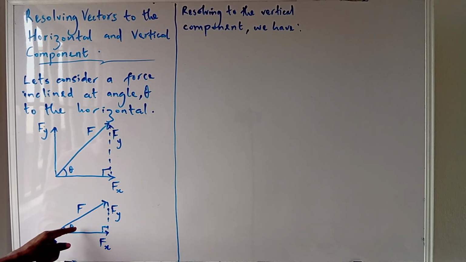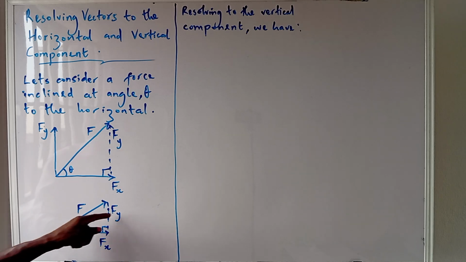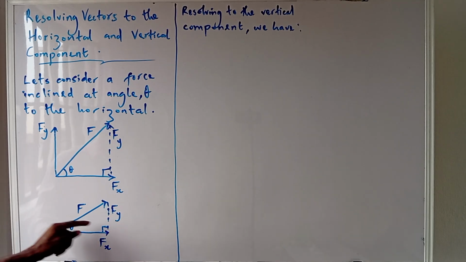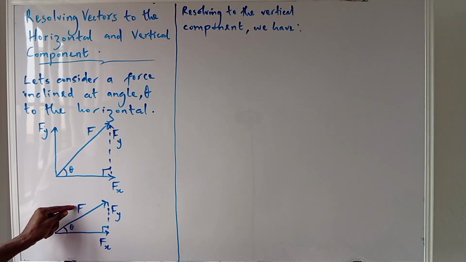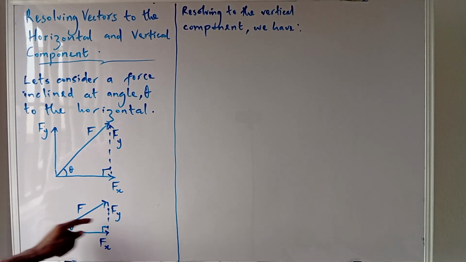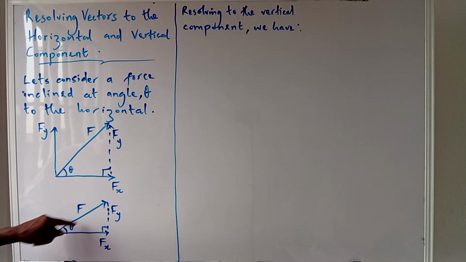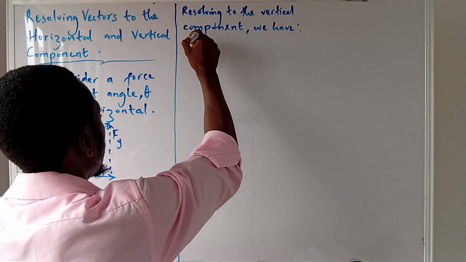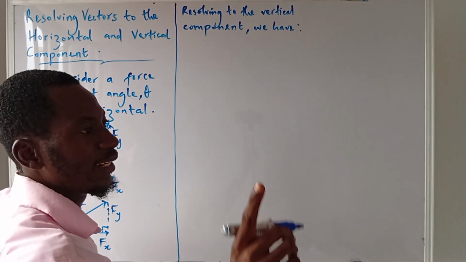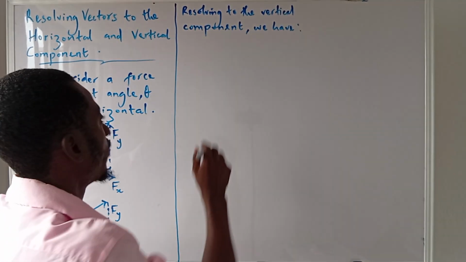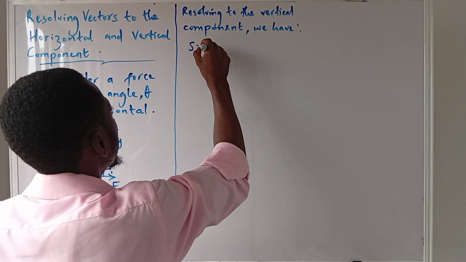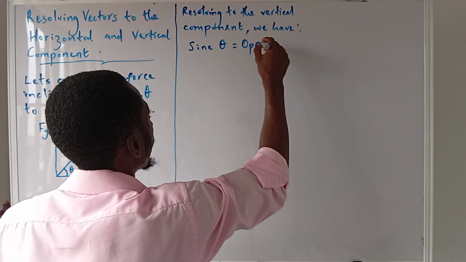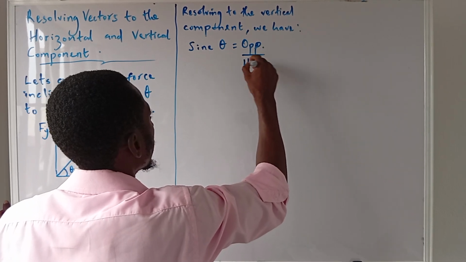We have our force, we have our angle, and we have the vertical component. From this triangle, the opposite to the angle is Fy, which is what we are looking for, and we have F, which is the force given. So we can say opposite over hypotenuse. The hypotenuse of this right angle triangle is this F here, which is the force itself. So we are going to use the sine ratio in order to get the vertical component of the force. We have sine theta equals opposite divided by hypotenuse.